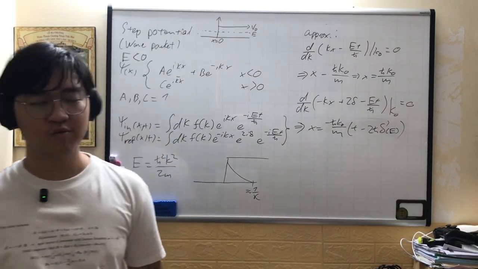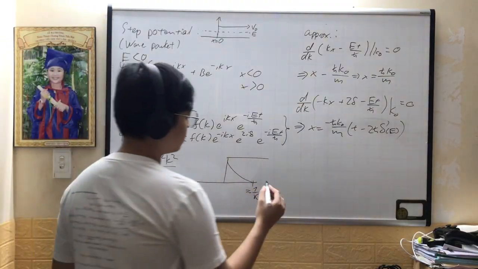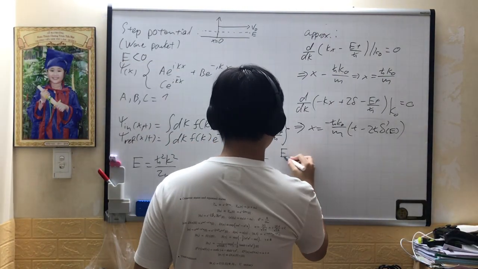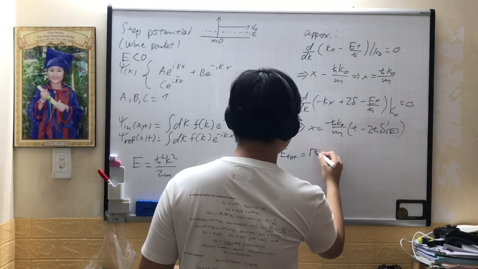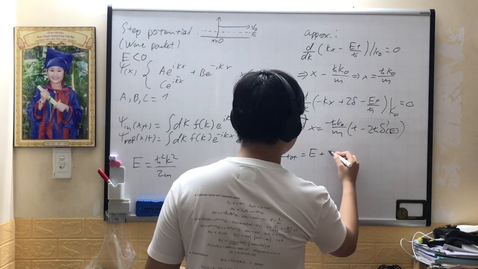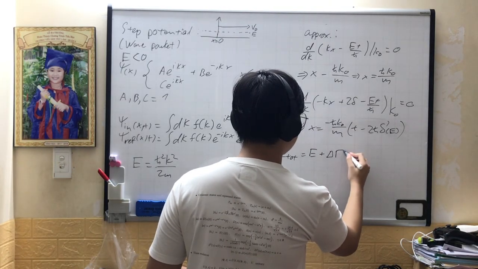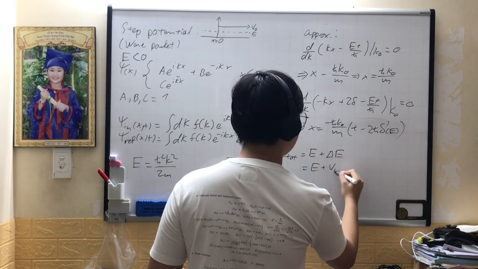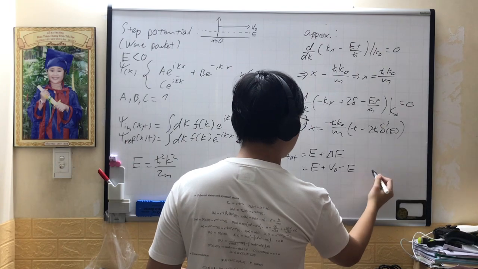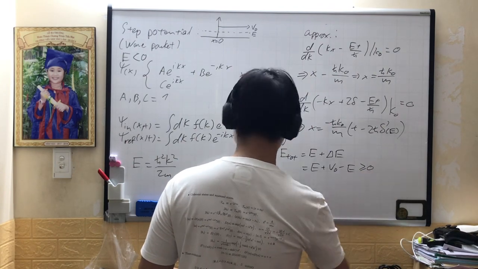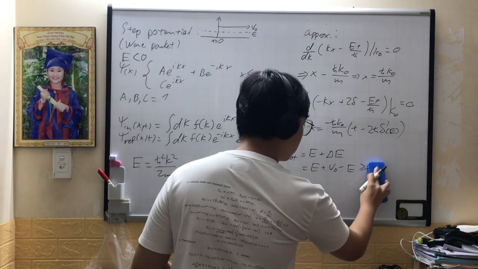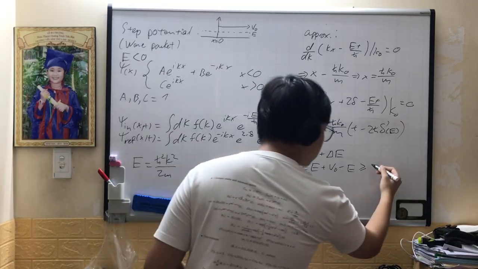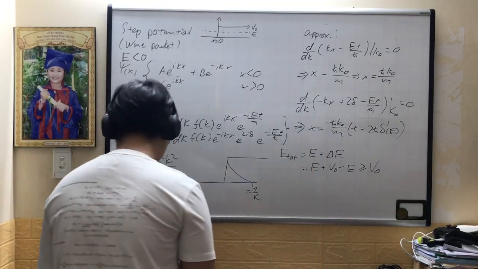And I think that would be something like E total would equal E plus the delta in E, which is E plus V0 minus E, and this has to be greater or equal to V0, so it doesn't really violate anything.